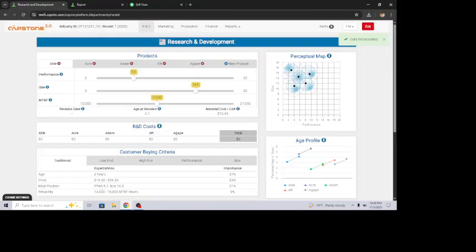So in this case, we settled for a performance of 6.1 and a size of 13.9. Then we settled for an MTBF of 19,000.